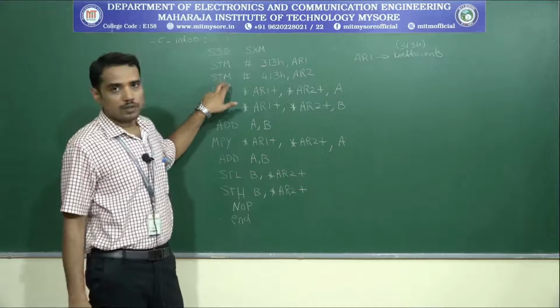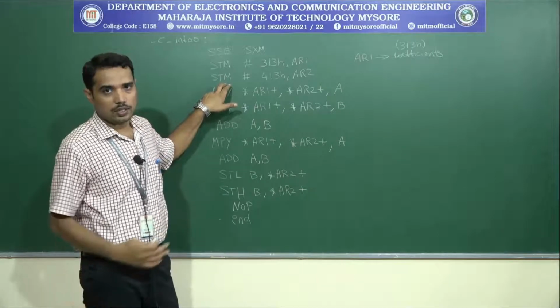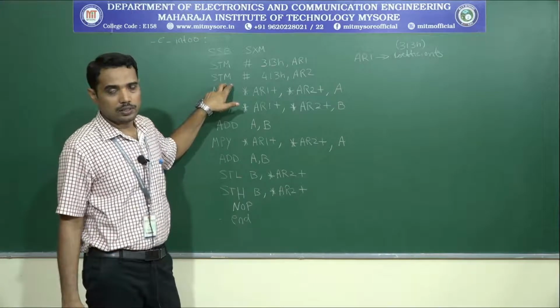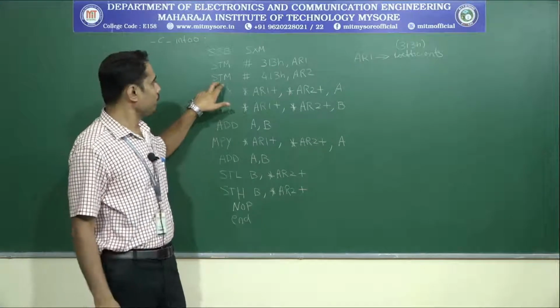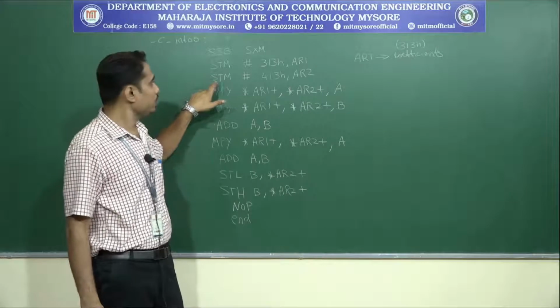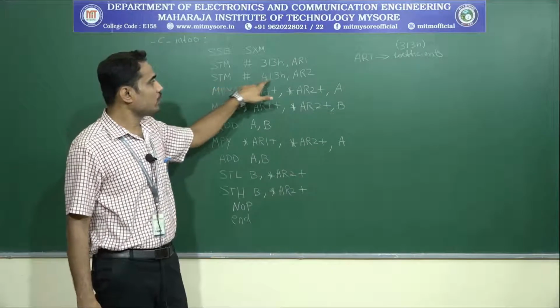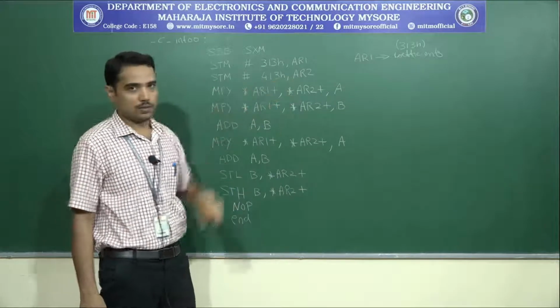Inside that there will be one data. Next, similarly, we have to assign a pointer in order to keep track of the data samples x of n, x of n-1 and x of n-2. For that purpose, we have to write the instruction STM #413H, AR2.